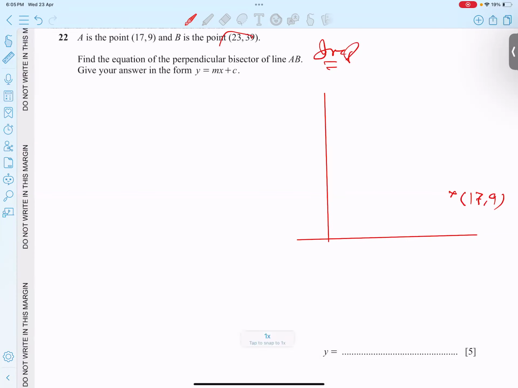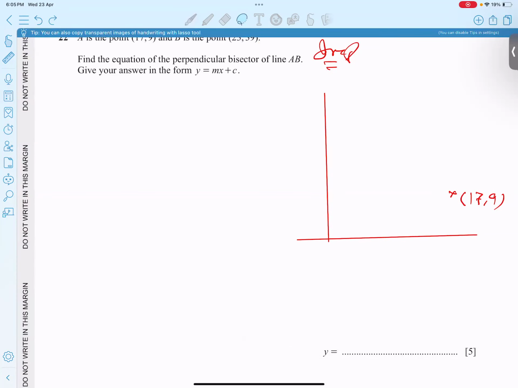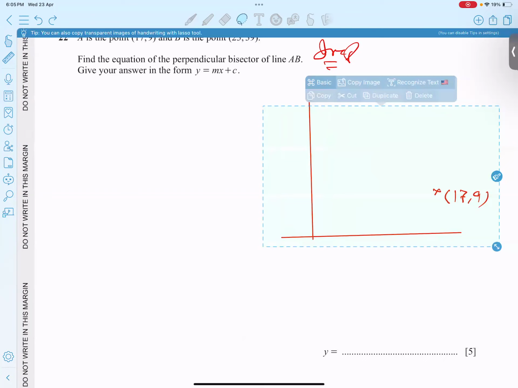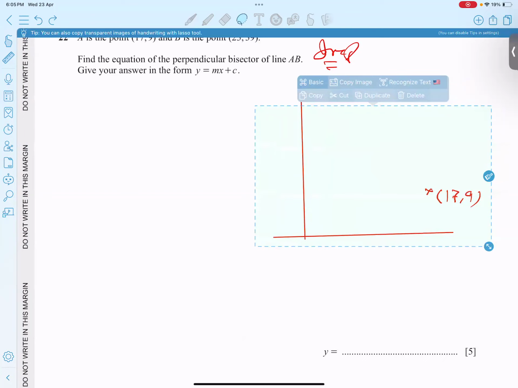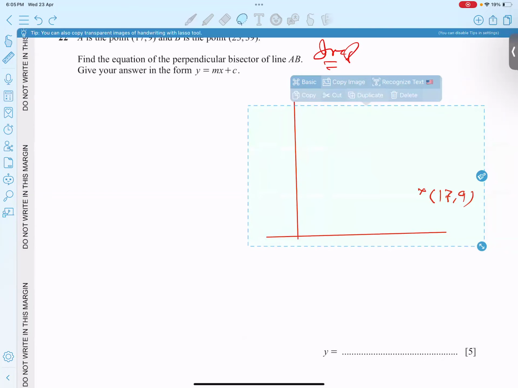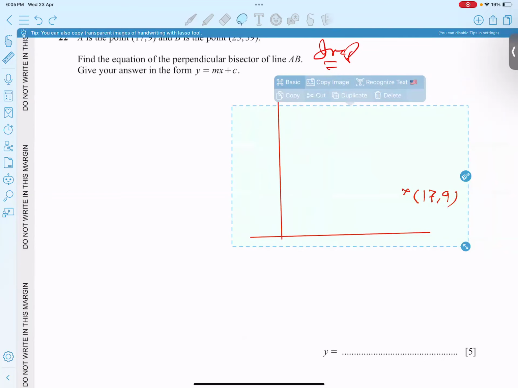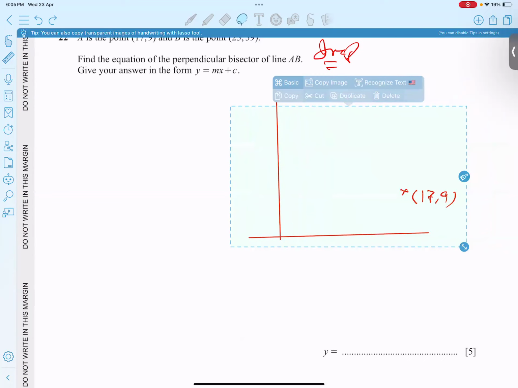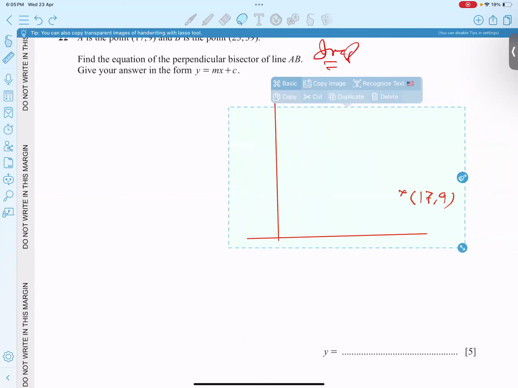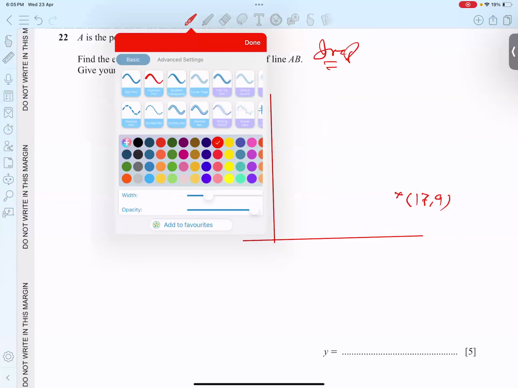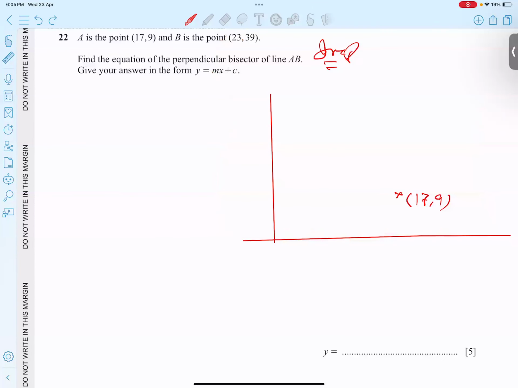So 23 and 39. I have a space problem. 23, 39 is on the line A and B, but I'm looking for the perpendicular bisector.